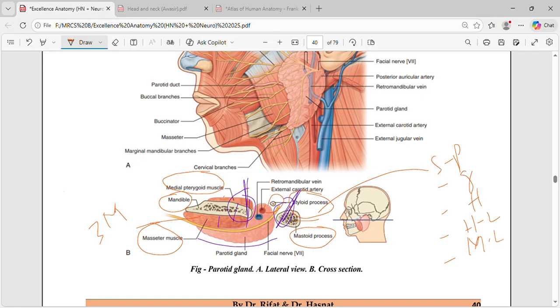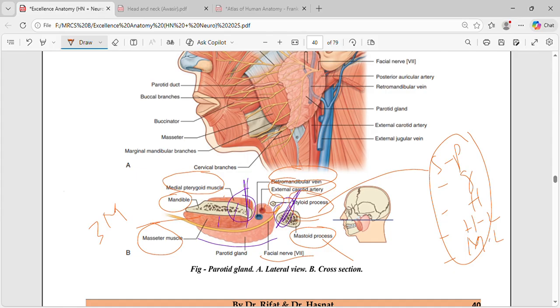So all these structures attached to the styloid process, and the styloid itself and the mastoid process, all these form the posterior medial relations of the gland. And the facial nerve goes through the parenchyma, and the retromandibular vein and the external carotid artery, these go through the gland.